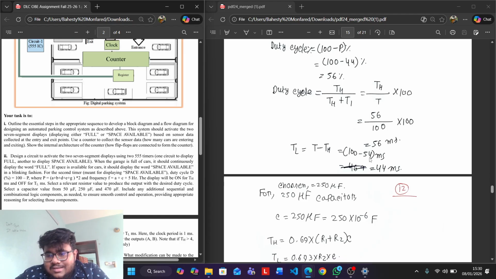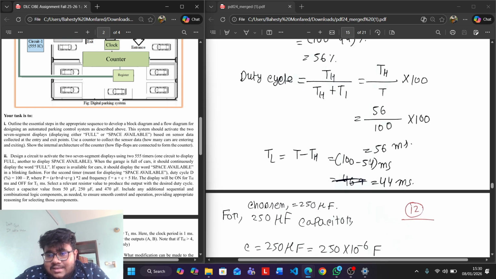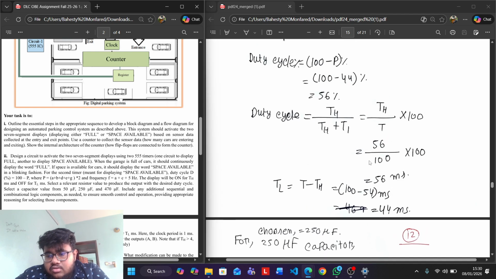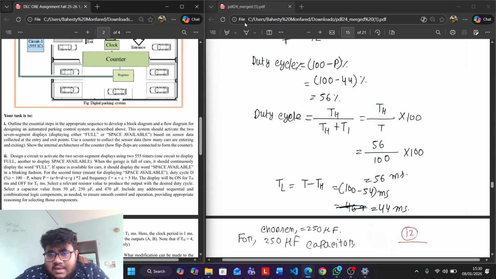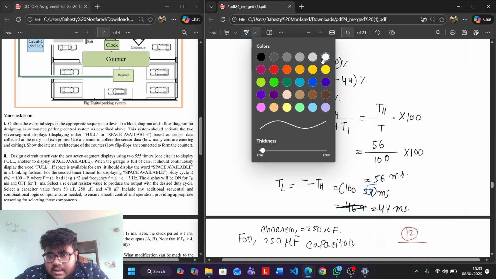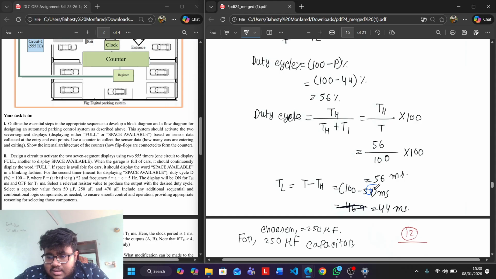So slightly I have made a mistake. TH will be 56. Sorry guys, TH will be 56. I have made an unintentional mistake. One second, I need to connect my mouse to solve it.